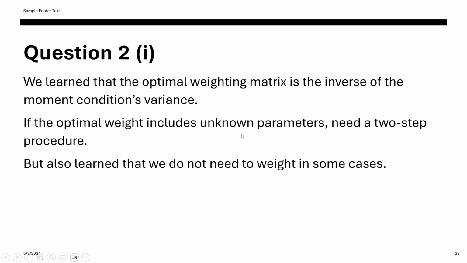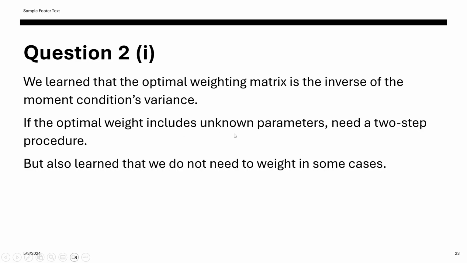And finally, in GMM estimation, you need to think about the weighting matrix, right? You know that the optimal weighting matrix is the inverse of the moment function's variance. You can check it in the textbook. Another issue is that you may need a preliminary estimator because the optimal weighting matrix may depend on unknown parameters.